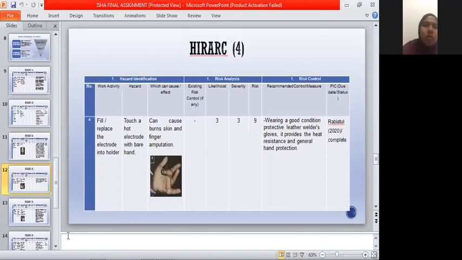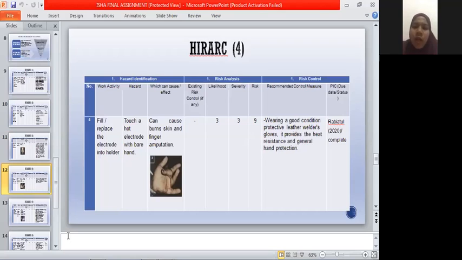Okay, for hierarchy number 4, the work activity is to fill or replace the electrode into the holder, and the hazard is touching a hot electrode with the hand, which can cause skin burns and finger amputation.